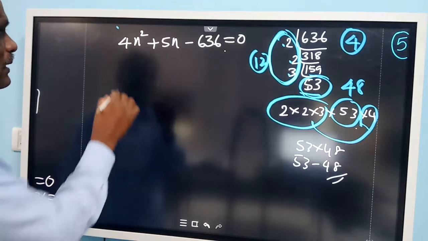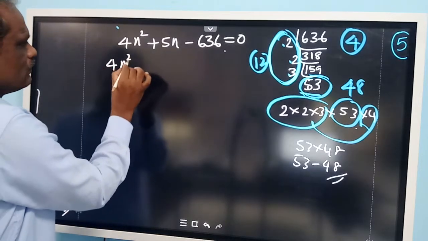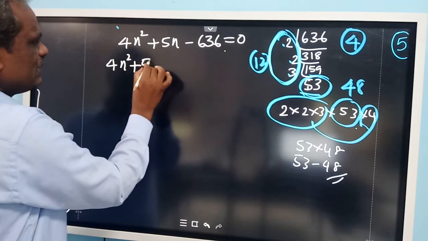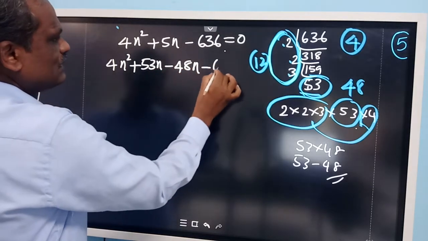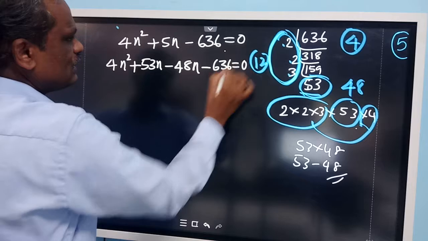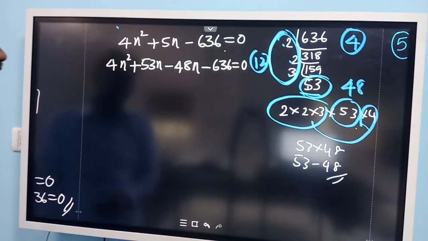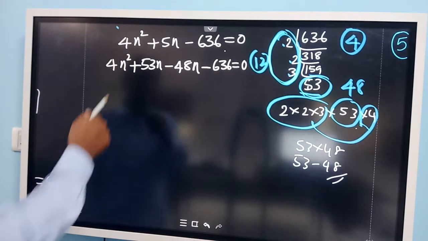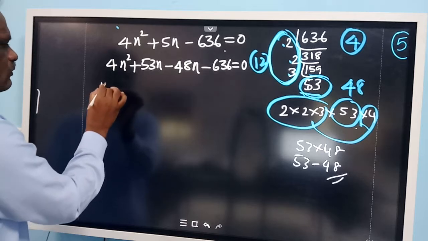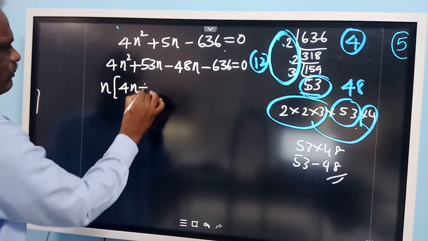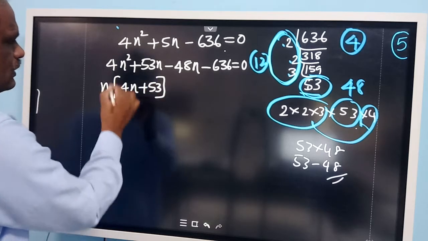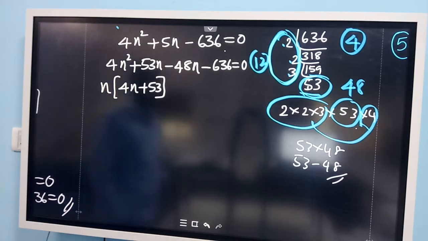Use this formula: 4n square plus 53n minus 48n minus 636 is equal to 0. Now take common from here. I think we have only n as common here. So it becomes n into 4n plus 53.